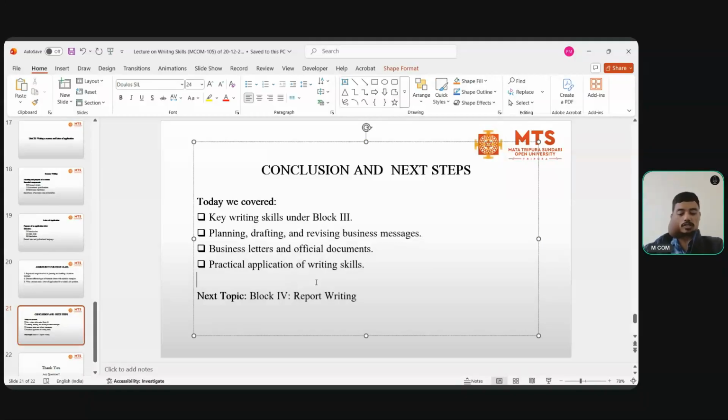Please go through the units of block 4, so that when you come to the next class, you will understand better what I'm explaining, what I'm teaching you. That's why please kindly go through the units of block 4 report writing, so that you are not confused during the lecture. Right? It's very important to go through before coming to class.